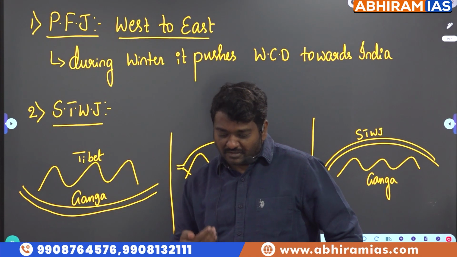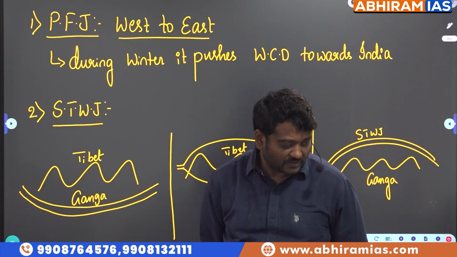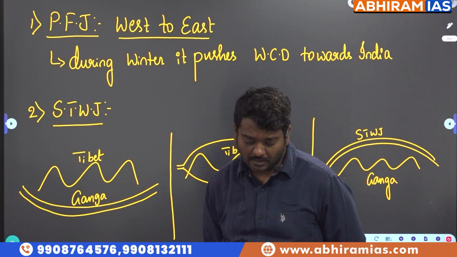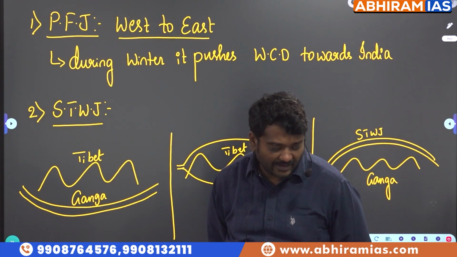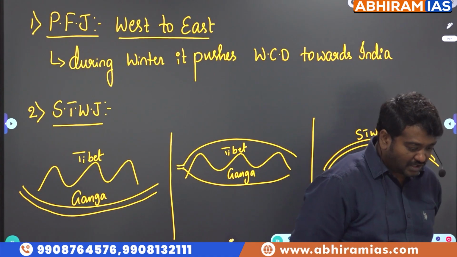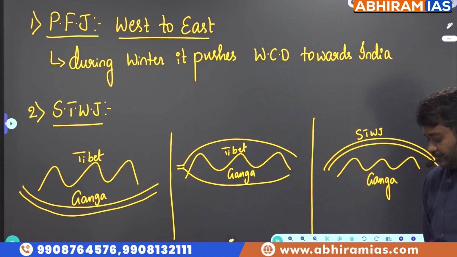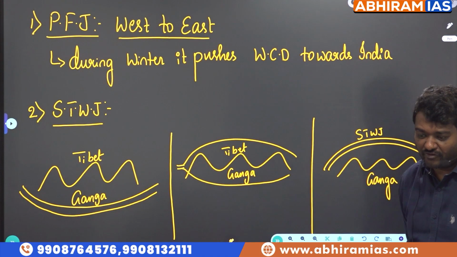When jet stream withdraws, there will be sudden onset, underline the words sudden onset of monsoons, called as burst of monsoons.